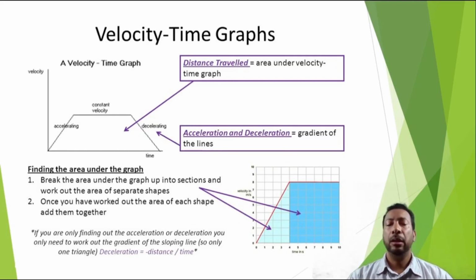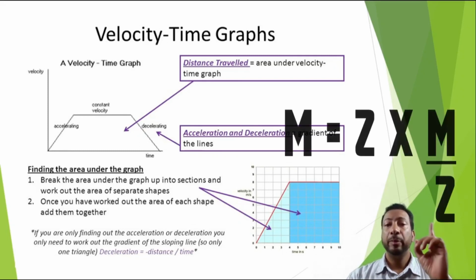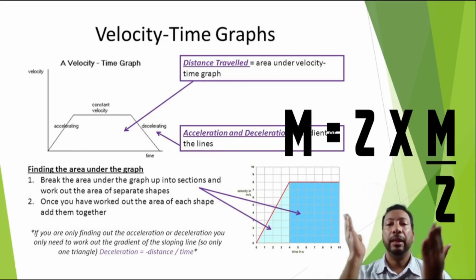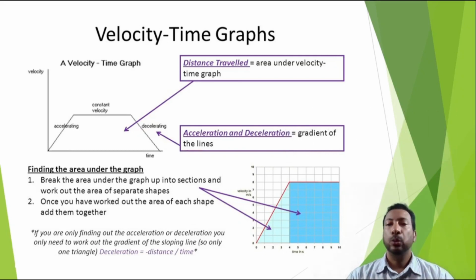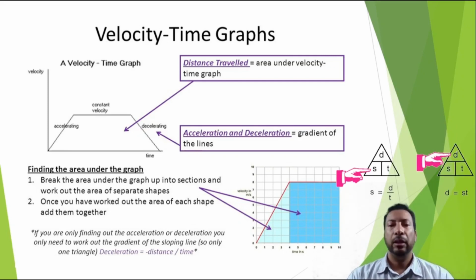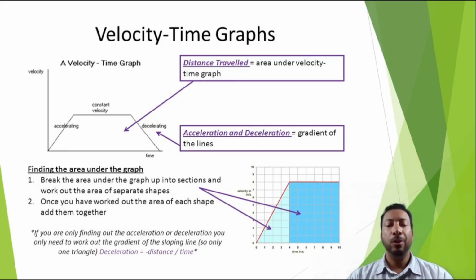What would happen here? The meters per second and the second would cancel each other out, and you're left with just meters. So that is why you are left with just the distance traveled. Another way you can look at it is velocity is distance over time. If you rearrange that equation, distance would then be equal to velocity multiplied by time. Let's move forward now.